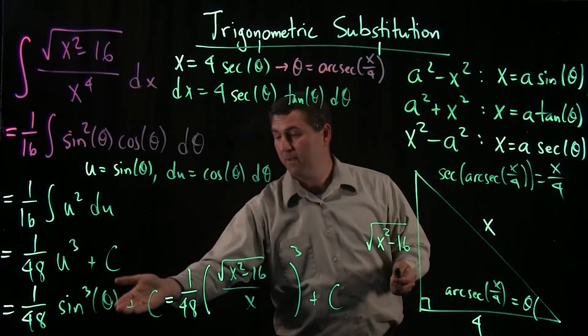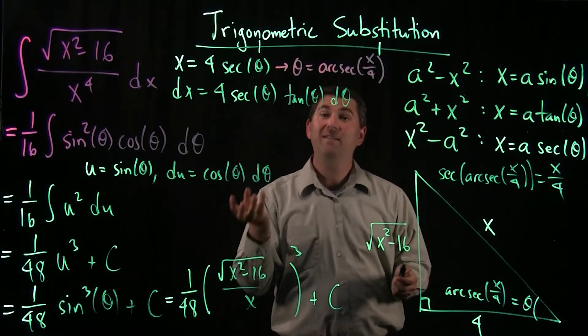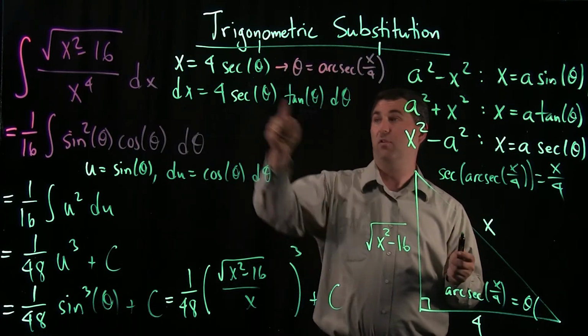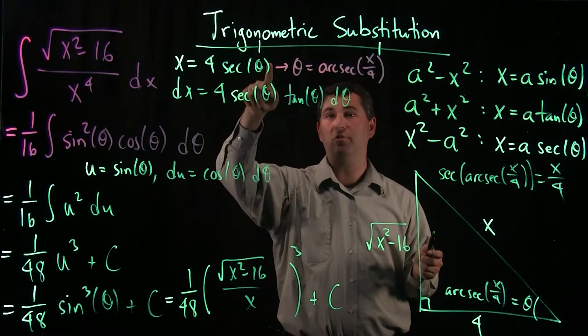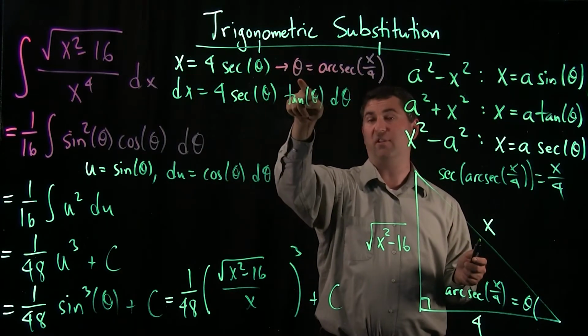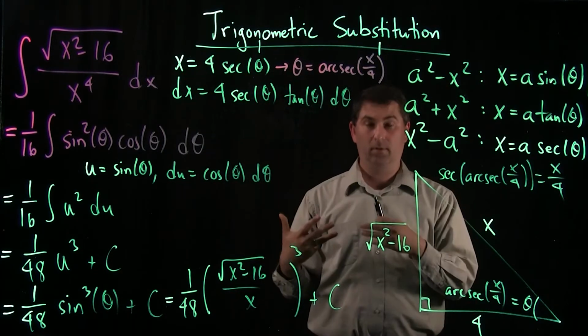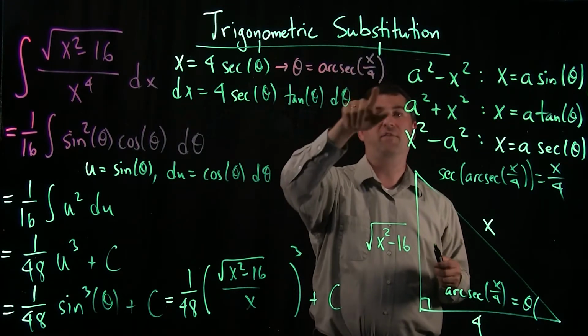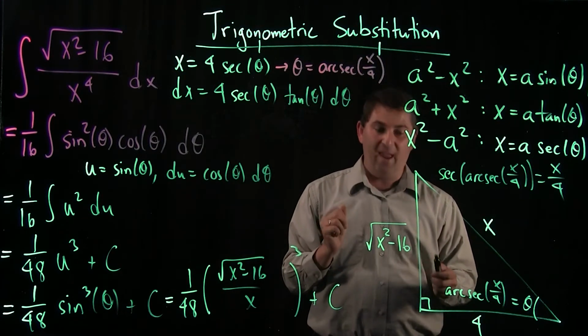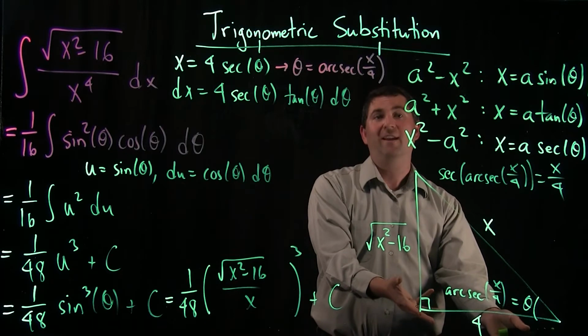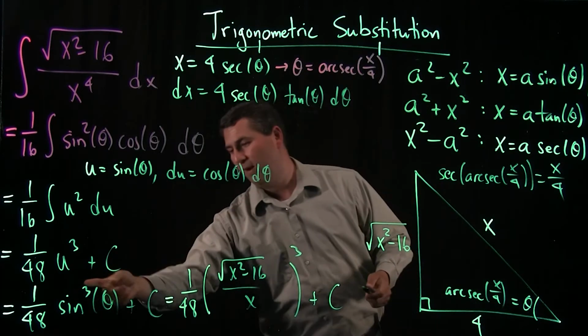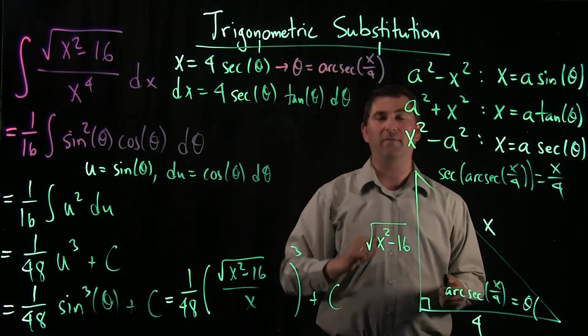Hopefully we end up getting something in terms of theta. At that point, we're going to have to convert it back to x. Always take the substitution you started with, convert it so that it looks like theta equals some arc trig function of some x over something. Then go to your right triangle in order to compute whatever trig function of your arc trig function that you need.